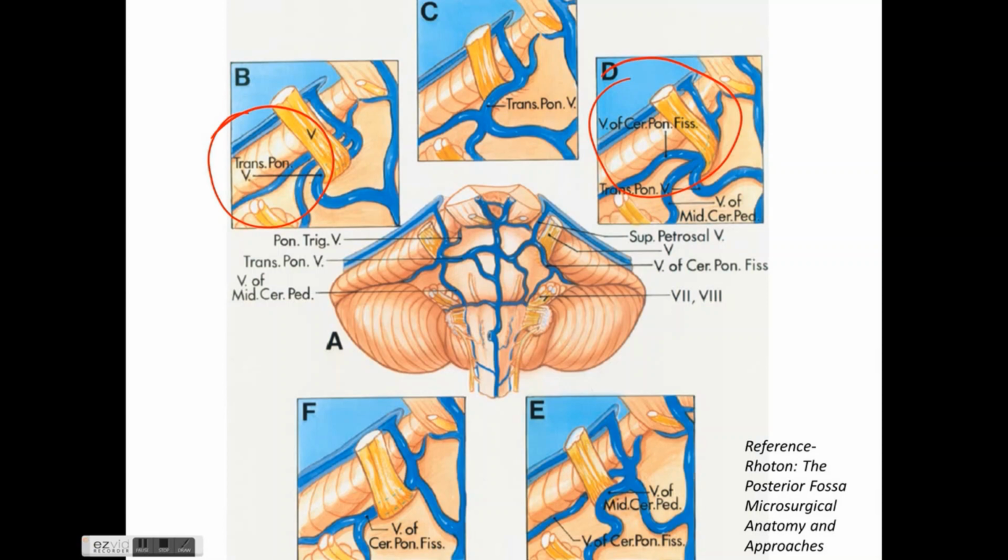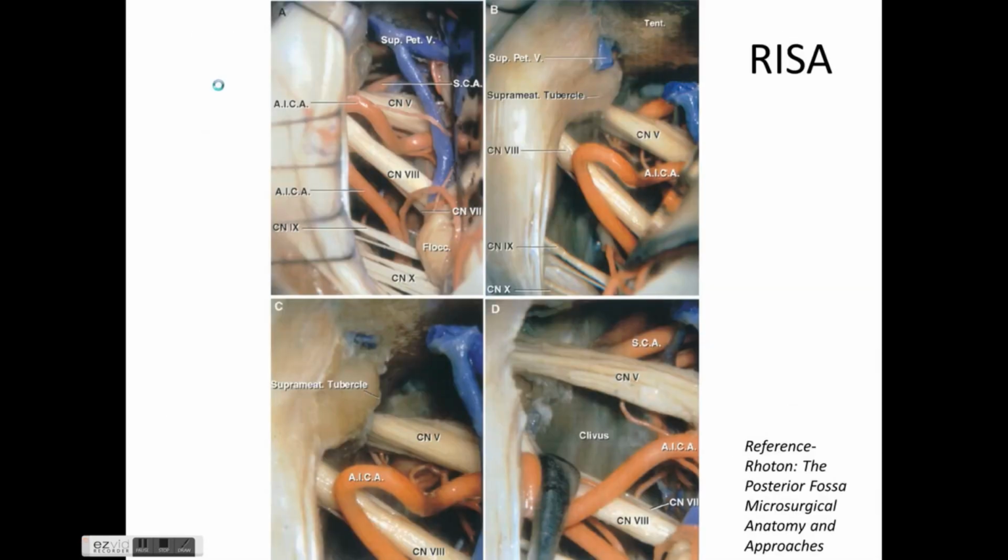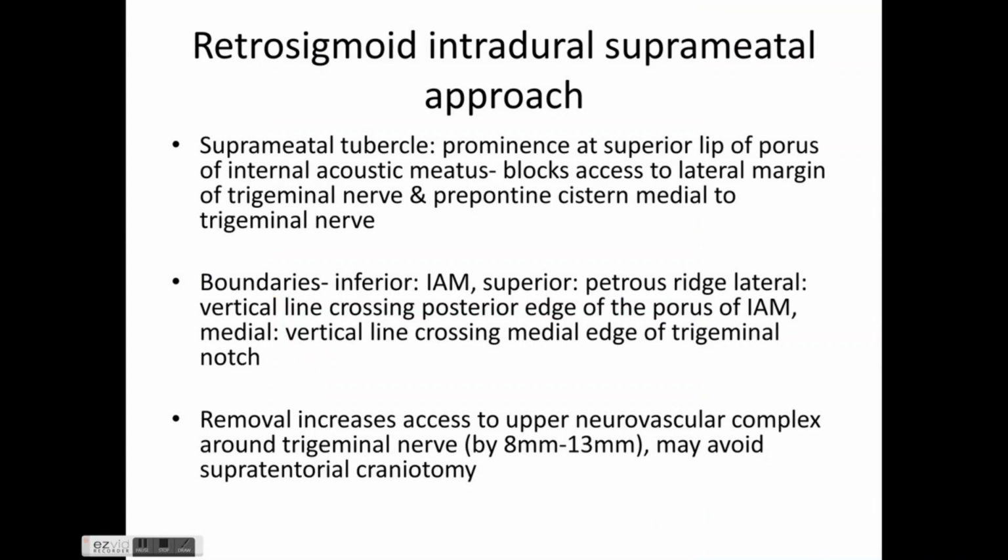Now coming to the RISA approach, which was popularized by Samii. The suprameatal tubercle is the prominence at the superior lip of porus of internal acoustic meatus. It blocks the access to the lateral margin of trigeminal nerve and prepontine cistern medial to the trigeminal nerve.